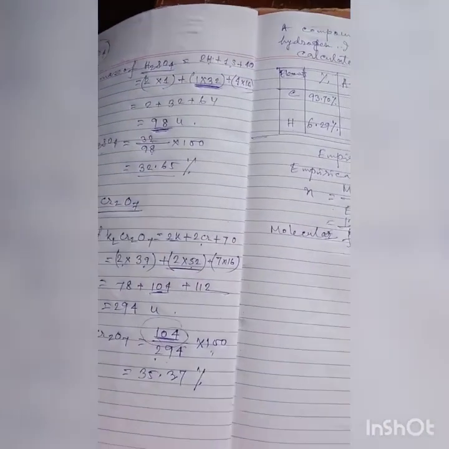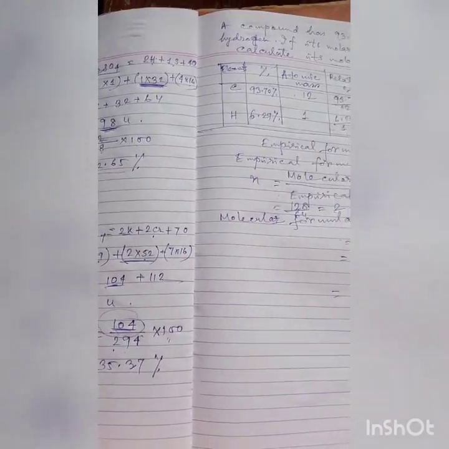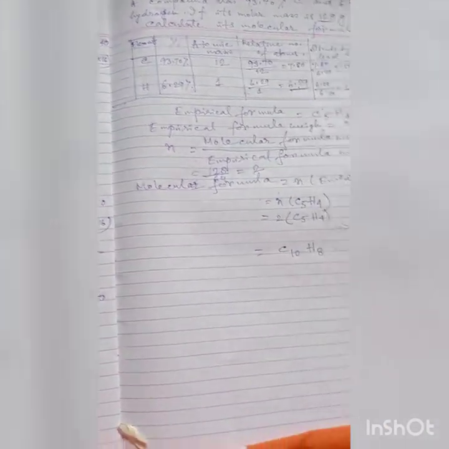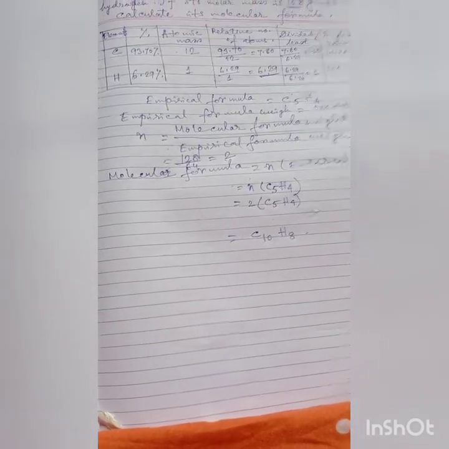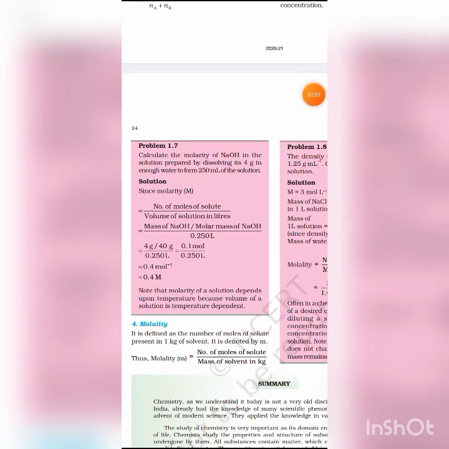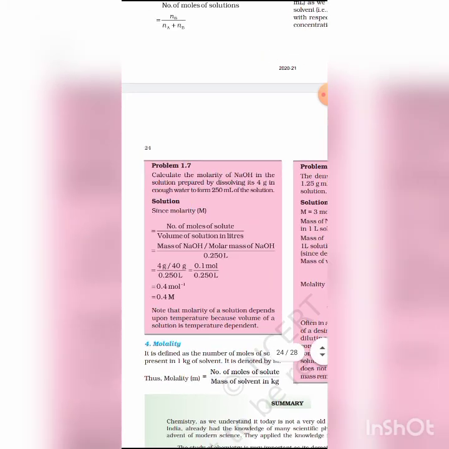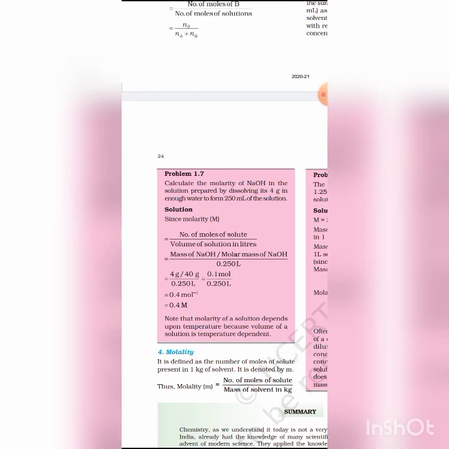Now student, we calculate molality and molarity. Okay. So student, for calculation of molarity, look at here. Molarity of sodium hydroxide we have to calculate, and the solution prepared by dissolving 4 gram in enough water to form 250 ml of the solution.